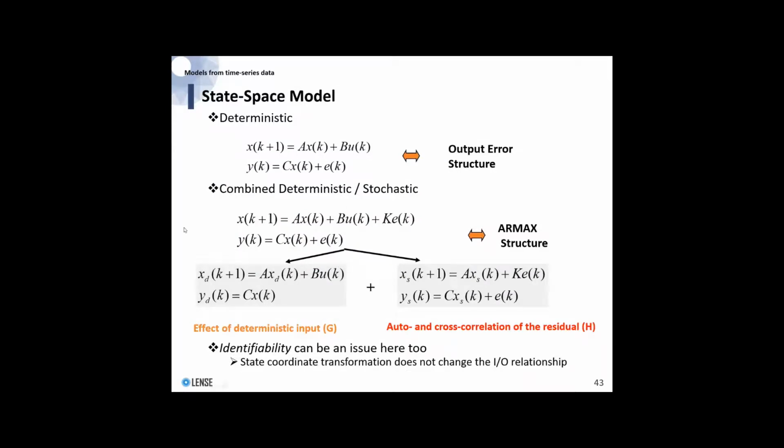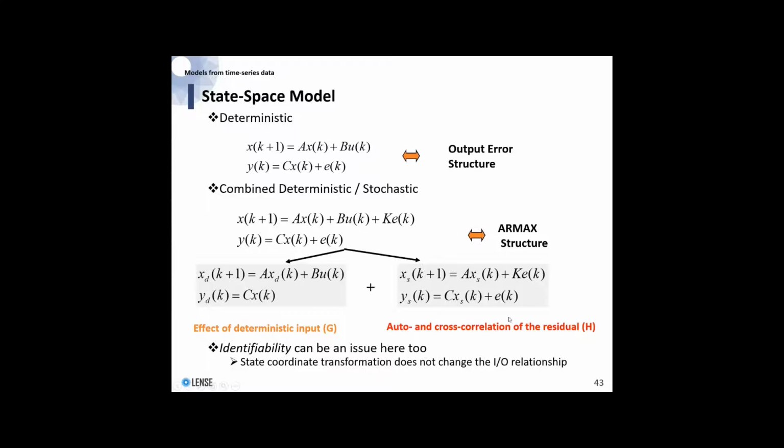So instead, what you could do is create this state space model. So you got output, you got deterministic input, and you got a noise term here. And essentially, you can look at this as a combination of two models, right? X having a deterministic component and a stochastic component.